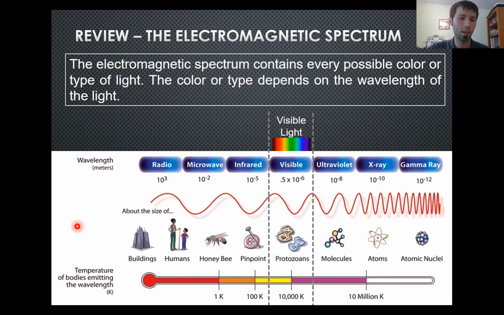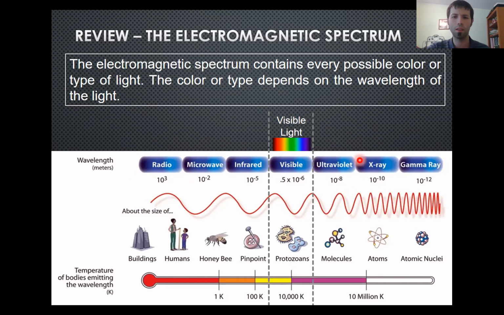So on this diagram, radio waves are the really long wavelengths, and as we go up, we have microwave, infrared light, and then finally visible light, the light that we can see. Then as we get smaller wavelengths or more energetic, we have ultraviolet light, X-rays, and then gamma rays.